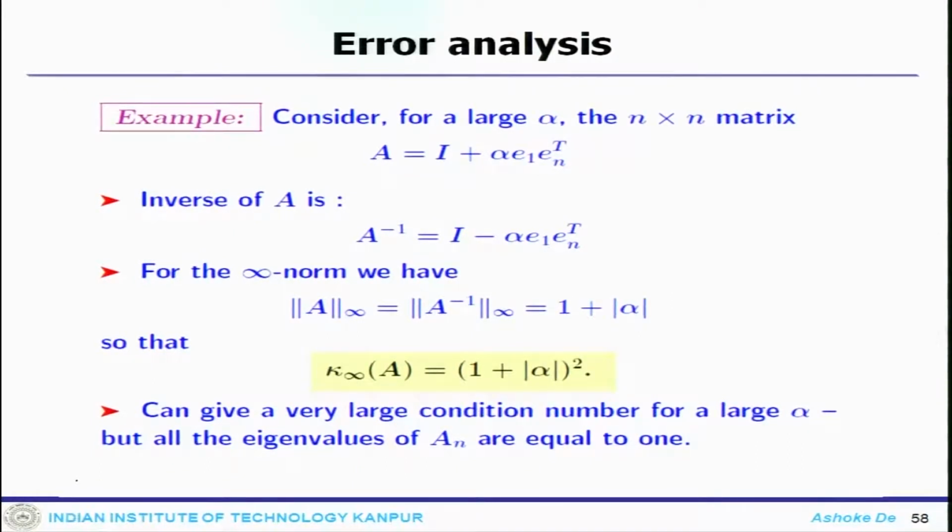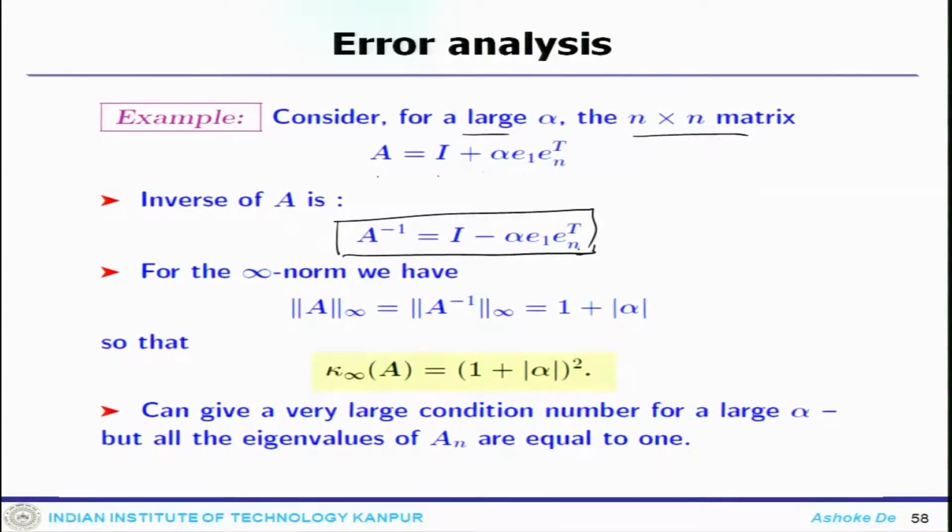One can take a simple example and try to see what it means. You take a large alpha for an n by n matrix such that A equals I plus alpha e1 en transpose. The inverse of A, if you find it, will be I minus alpha e1 en transpose.